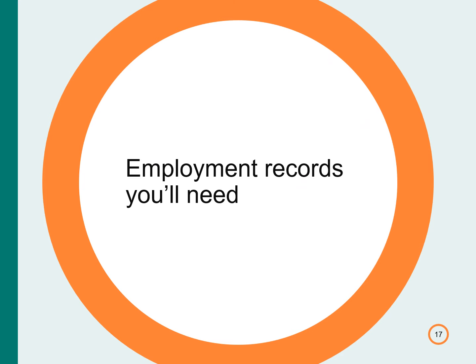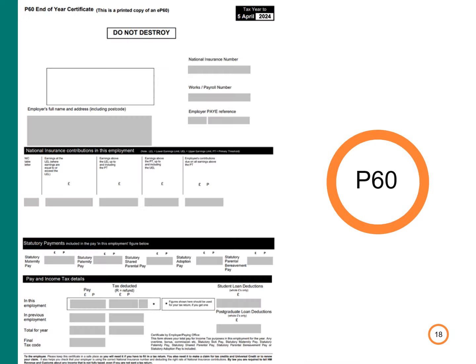So let's look at the records you'll need when filling in or checking the answers on the employment page. You'll need your P60 from your employer. You only get a P60 from an employer you were with at the end of the tax year. That's the 5th of April.